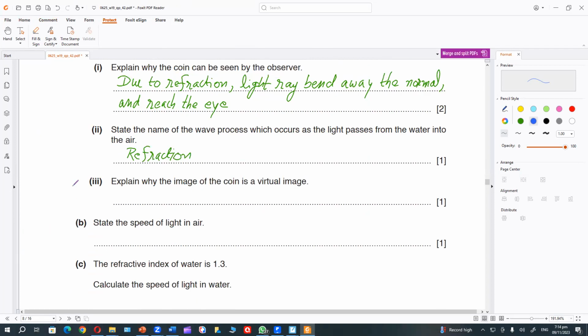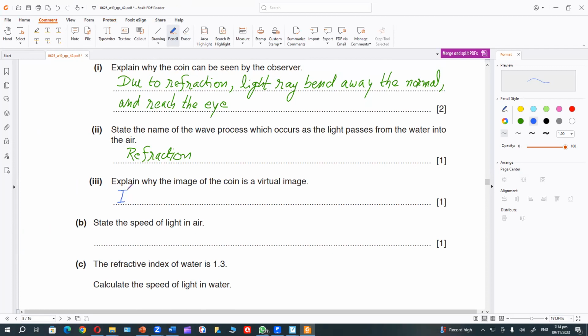So why is the image of the coin a virtual image? It is not formed by, it is not obtained by the actual intersection of light ray.